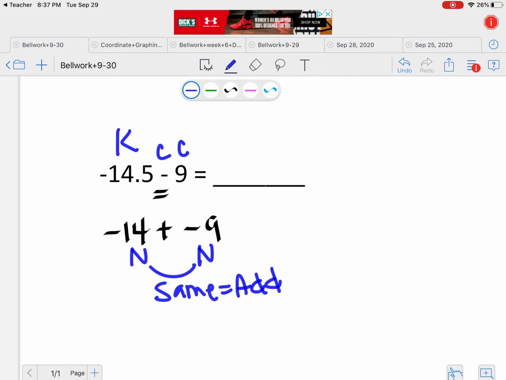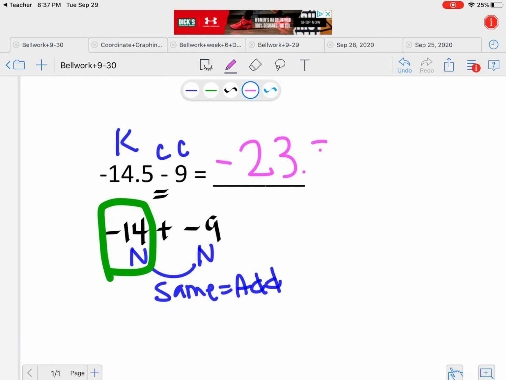So 14 plus 9 is 23. And then the biggest number was 14, and it was negative, so the answer would be negative. Oops, 14.5. Super sorry about that. So it would be 23.5 and then negative.